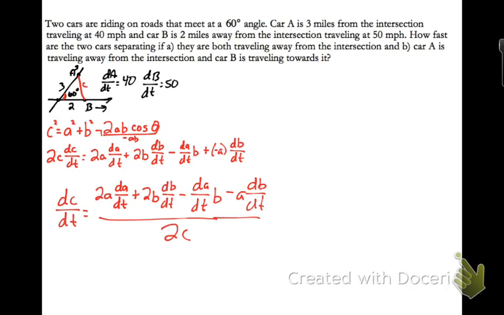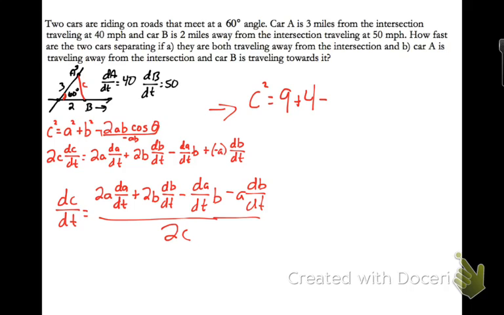Well, to answer this question, I know what A and B are, but what I need to figure out is what is C. So using the law of cosines, I know that C squared will be equal to A squared, which would be 9, plus B squared, which would be 4, minus 2 times 2 times 3.